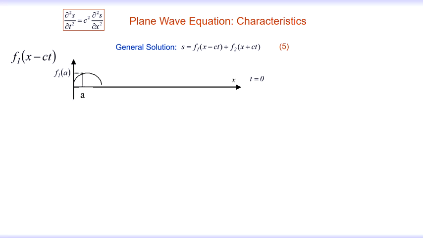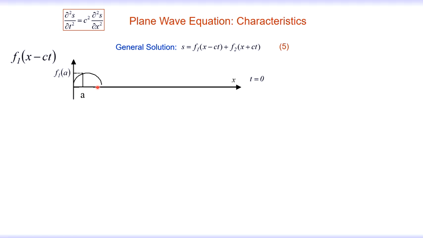Say we have a displacement that's plotted vertically as a function of distance along the gas through which this wave is travelling. And let's say that at time t equals 0, the displacement has this shape shown here. So at time t equals 0, ct goes to 0, and this is what the shape of f1 will look like as a function of x.